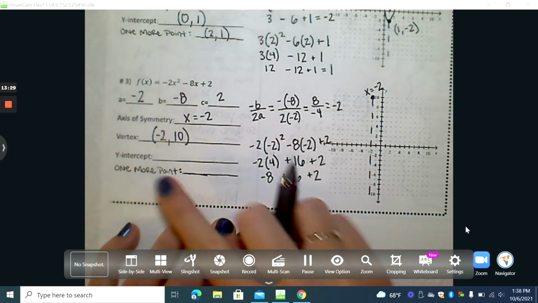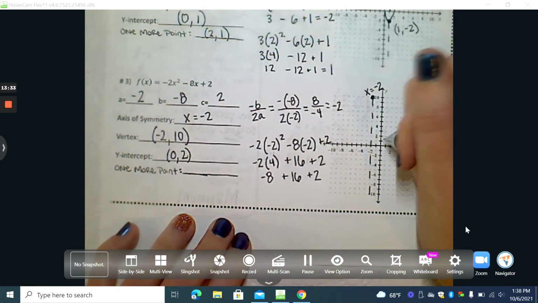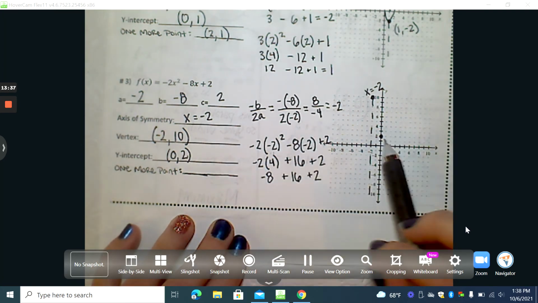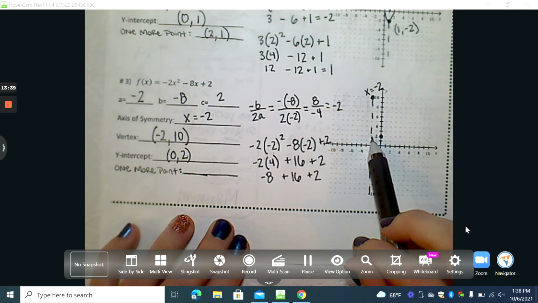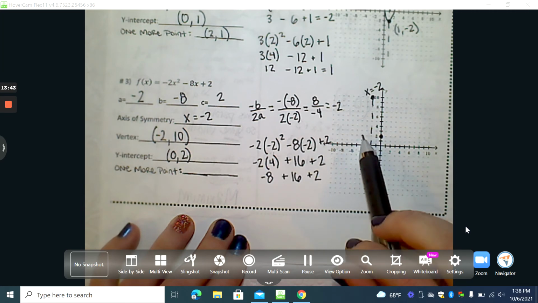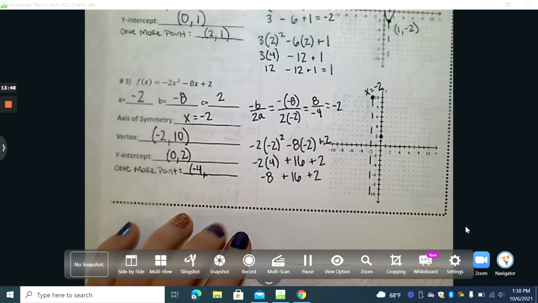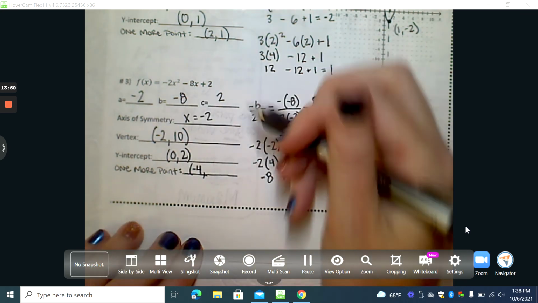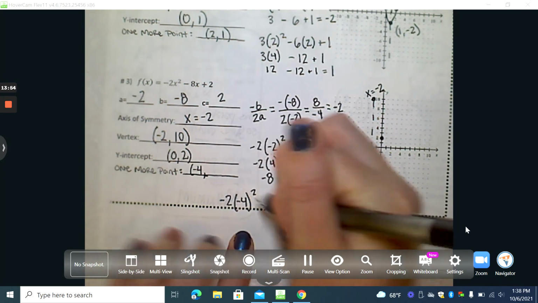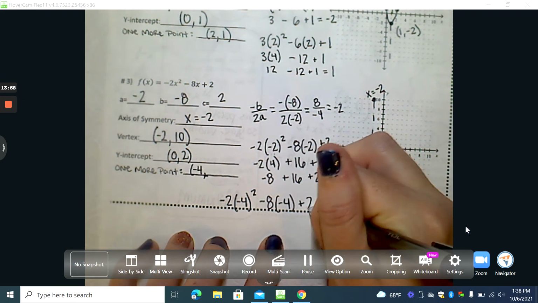And my y-intercept is at (0, 2). My c value is 2. Let's maybe try and find that one more point. This is 2 points away from my axis of symmetry, so my other point should be over here at (-4, 2). So let's plug in negative 4 into that equation. Negative 2 times negative 4 squared minus 8 times negative 4.